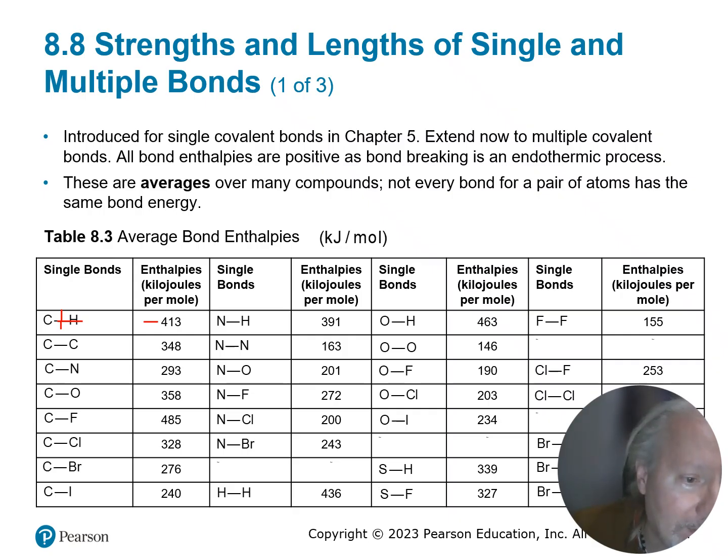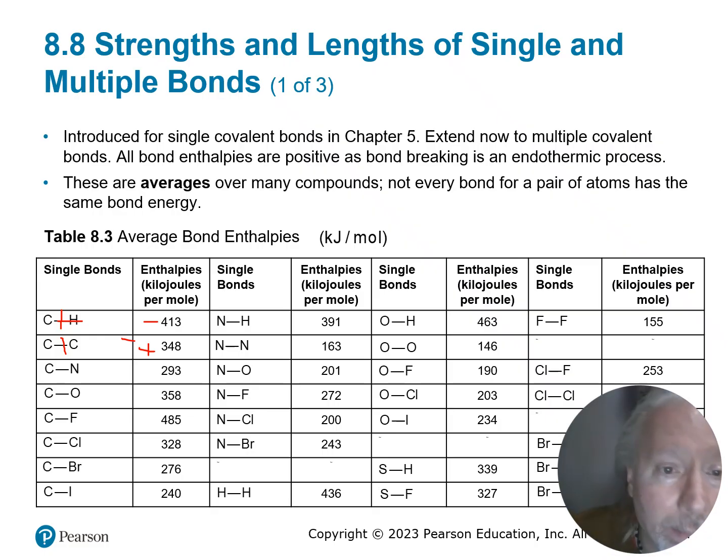The same thing if you break this carbon bond, it's going to be positive, right? But if you form the carbon bond, it's going to be negative. Whenever the bonds form, energy is given off. Whenever the bond is broken, it takes energy to break it, and it releases energy when it forms.